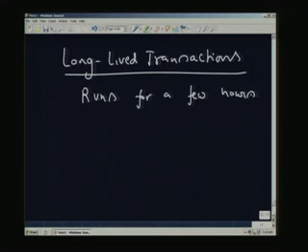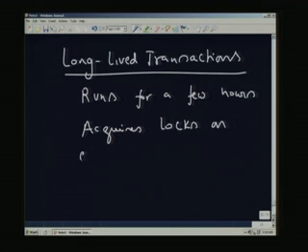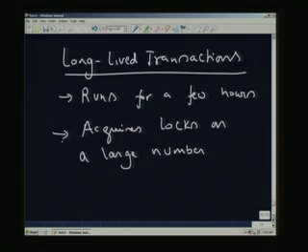and then it tries to acquire locks on almost all the data items, a large number of data items. Okay. Now, what this means is, this is property 1 and this is property 2, a large number of data items.